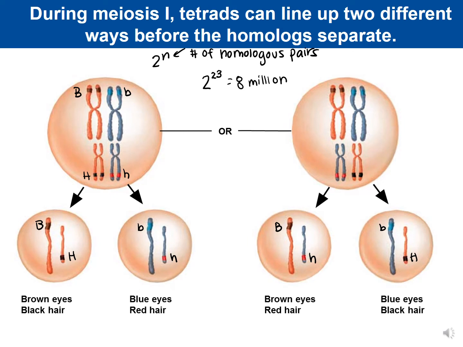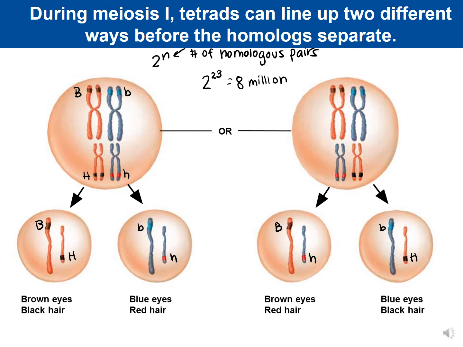My partner, who's producing the sperm, can produce 8 million different options. If you multiply those together, you end up with trillions of different possibilities of the ways that the chromosomes can rearrange.